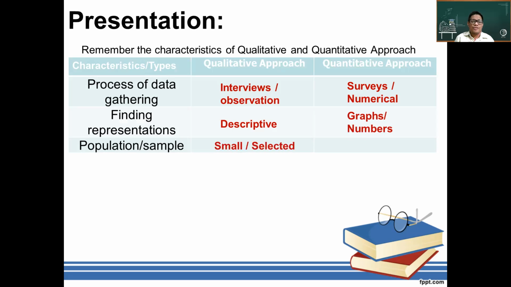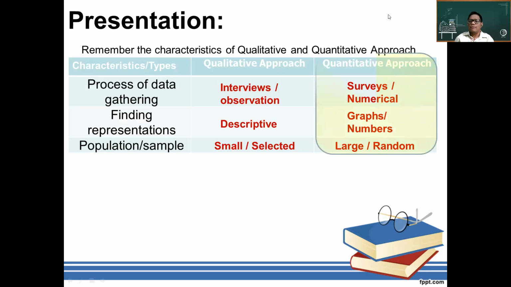So in population sample, the qualitative approach has a small or selected group of people. But for the quantitative approach, it is what? Yes, you take the whole barangay or the whole school. It is large and random. Why do I differentiate the two?